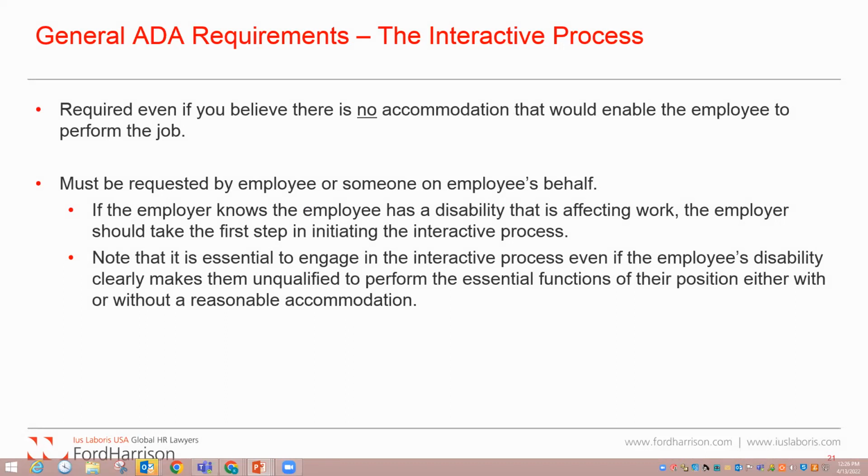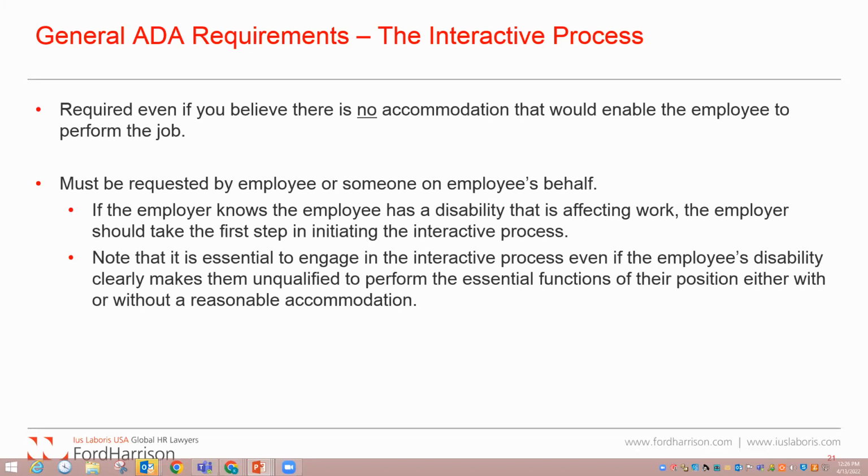For example, if an employee's job entails climbing up and down a ladder constantly, that's all they do, and the employee loses the use of his or her legs, you probably, both the employee and the employer, are like, I don't understand how you're going to be able to climb up and down the stairs 80 times a day, but you still have to have that inquiry. You still have to have that interaction with the employee to determine whether there's a reasonable accommodation. That interactive process in and of itself is a requirement under the ADA.